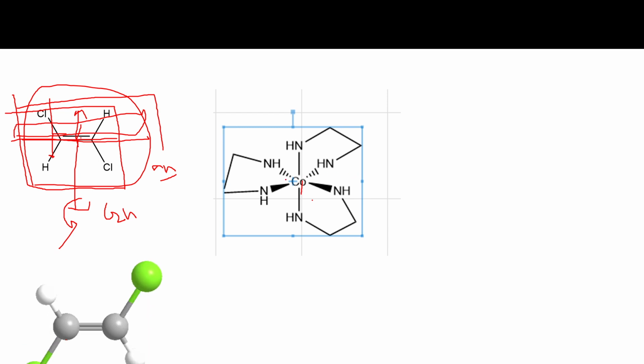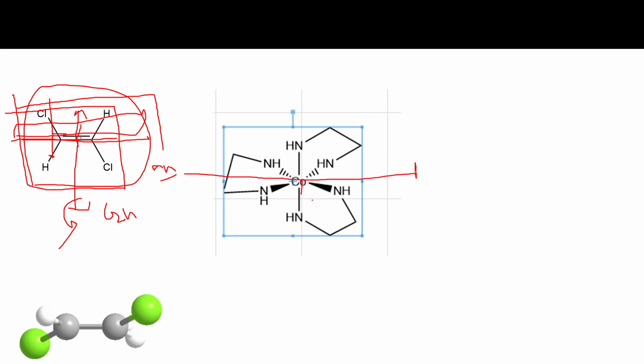If you consider this bond and place a plane on this side, and rotate by 180 degrees, then what happens?